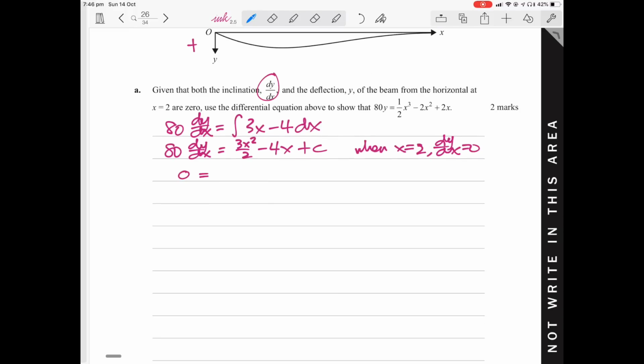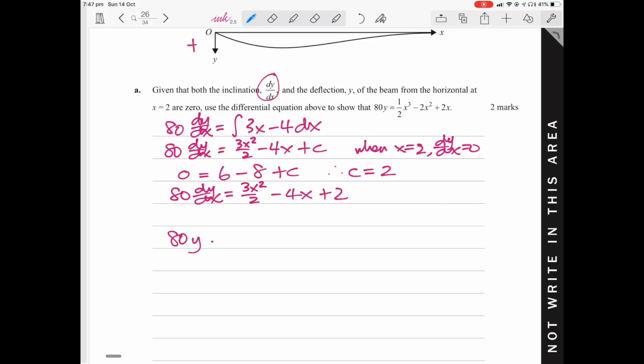So I get 0 equals 3 fours is 12 on 2 is 6 minus 8 plus c, so c equals 2. So EI dy dx is equal to 3x squared on 2 minus 4x plus 2.